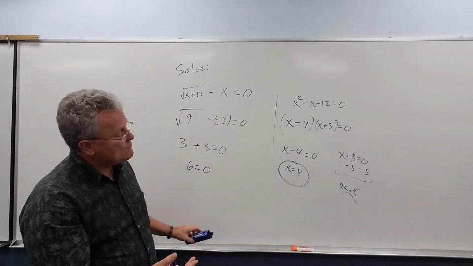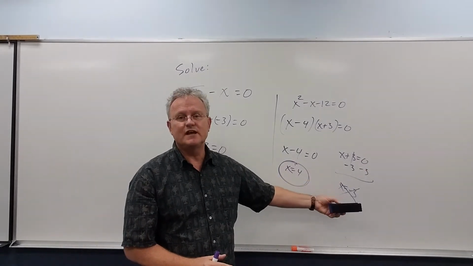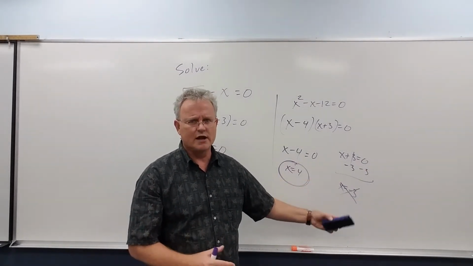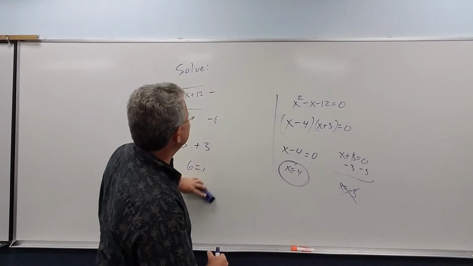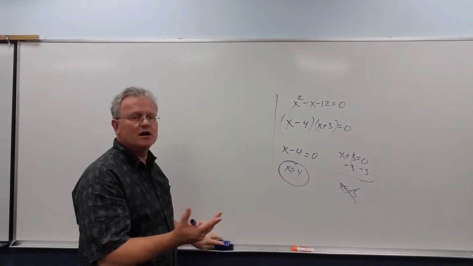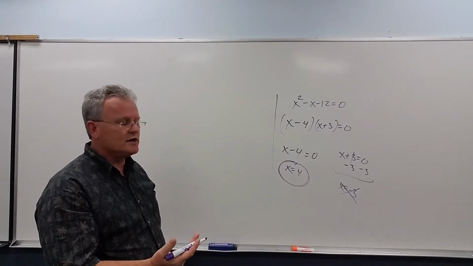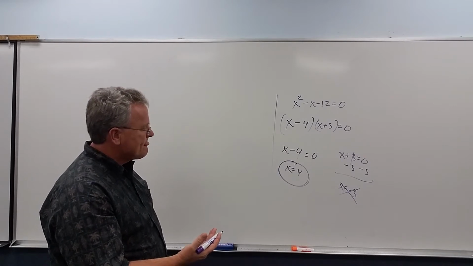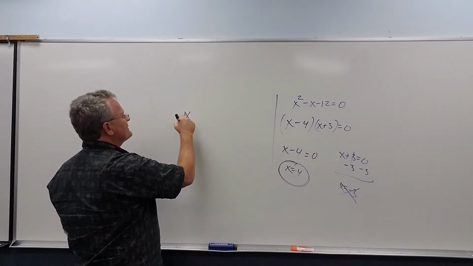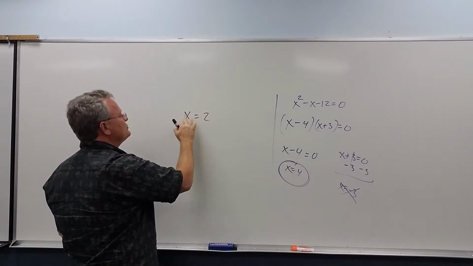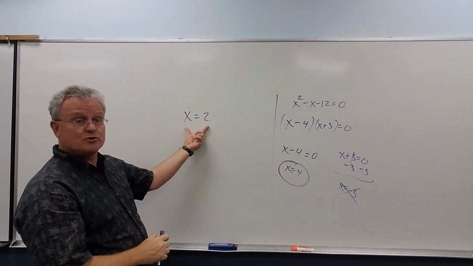Let me explain why sometimes we get these extraneous or extra solutions. Why does that happen? It's because of the nature of squaring. Let's say x is equal to 2. That's the equation.